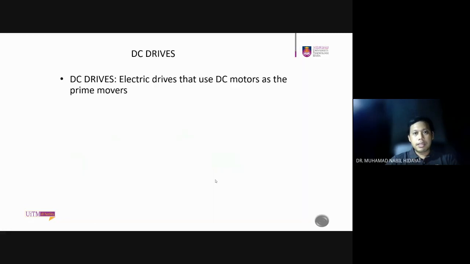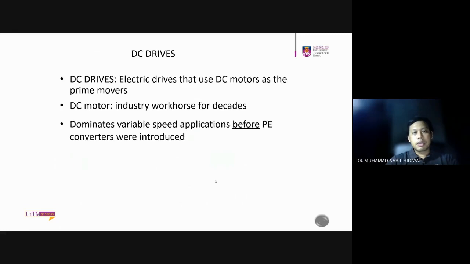DC drive basically has been used as prime movers since the early days of the industrial age. It dominated variable speed applications before the introduction of power electronics.